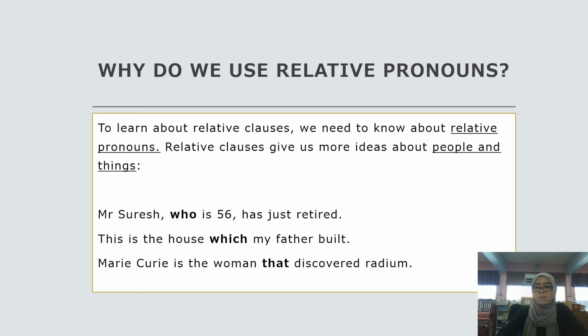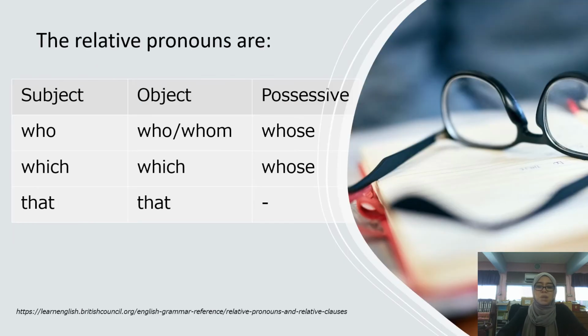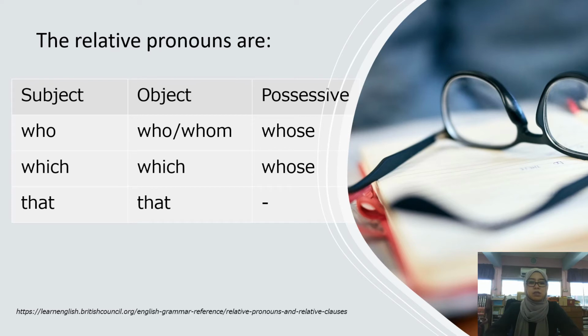Moving on. We use who and whom for people. Remember the example sentences: for Marie Curie and Mr. Suresh, we use who, because these are people.